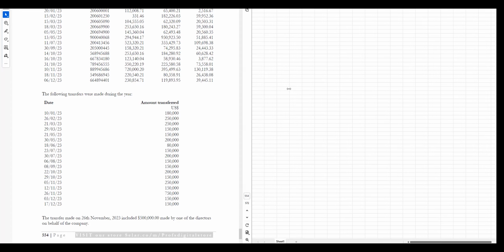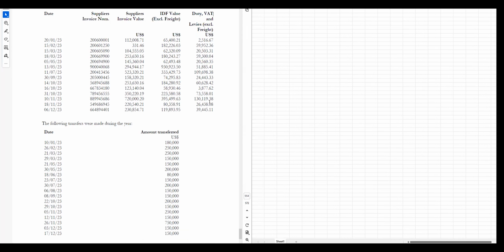Yes, please, I had 2 million for what? Which one? The fleet, IDF value for fleet, excluding freight. You had 2 million, 2953, then 876 point 6.